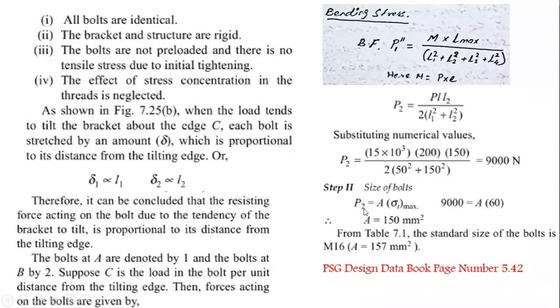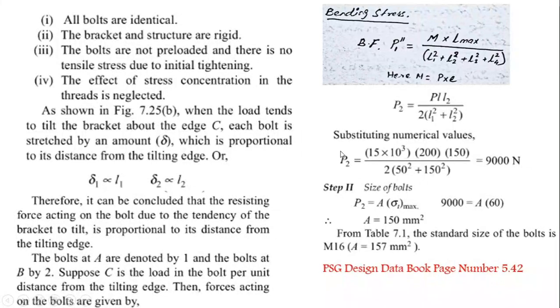Maximum tensile stress equals maximum load acting on the bolt divided by area of the bolt. The maximum load acts on bolt 2, so we take P2 divided by A.